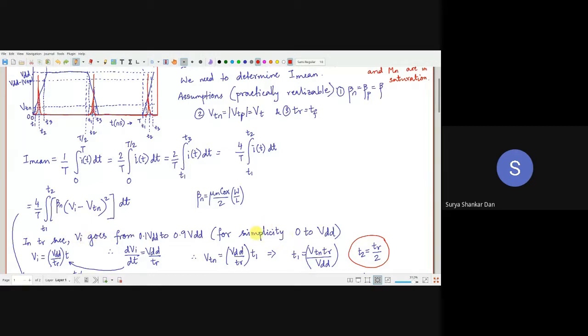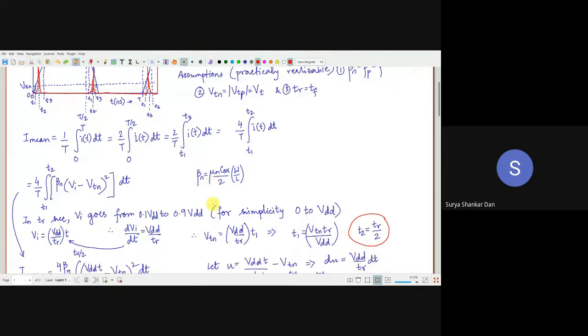For simplicity's sake, we will take 0 to VDD, because remember 0.1 VDD से 0.9 VDD कौन सा जा रहा है? Output voltage जा रहा है, ठीक है? So we will simply assume that Vi is going from 0 to VDD itself, because it is only 10%. Let us keep that like it. Okay, more accurately, it is actually 0.1 VDD to 0.9 VDD if you are taking 10% of allowance for the noise margin, which you already know for the switching.